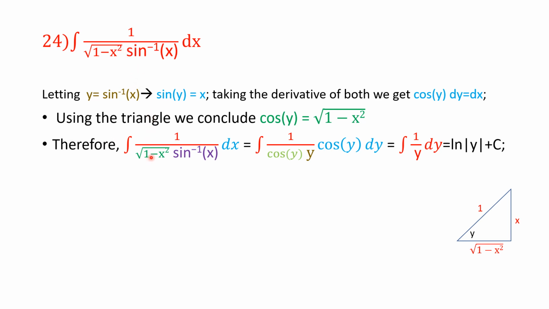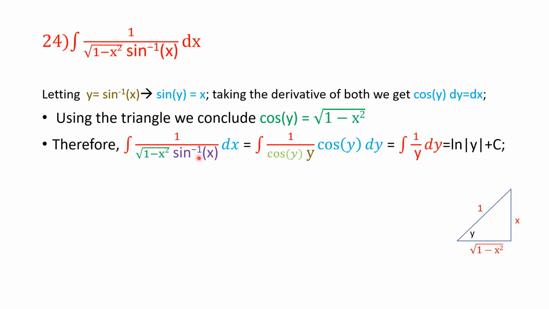The first part here is the square root of 1 minus x squared, and in green, the same color, that could be replaced by cosine y. So instead of square root of 1 minus x squared, we replace that by cosine y.